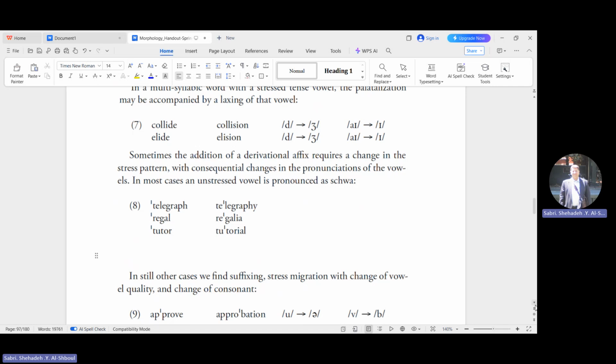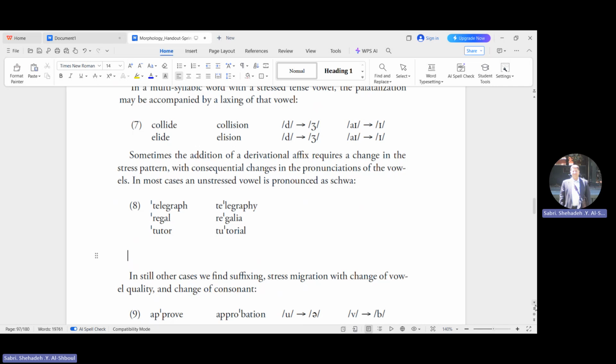Sometimes the addition of a derivational affix requires a change in the stress pattern with consequential changes for the pronunciation of the vowels. In most cases, the unstressed vowel becomes a schwa. So we have telegraph, where the first syllable is stressed. But when we add the suffix, we do not say telegraphy with the same stress, we shift it.